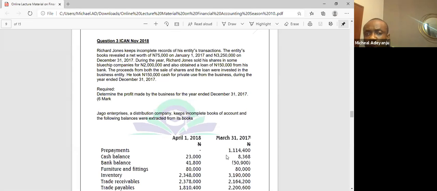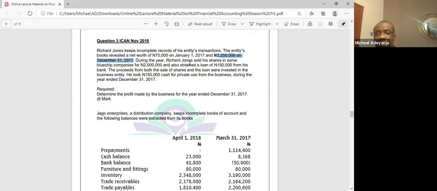He took 150,000 naira cash for private use of the business during the year. Determine the profits made by the business for the year ended. Remember, the net worth of the business was 75,000 naira on January 1, 2017. The closing net worth is this amount.